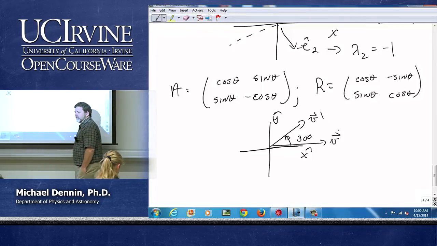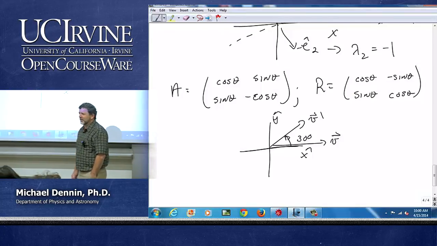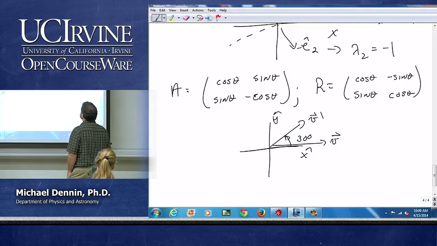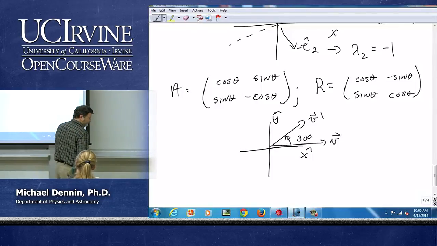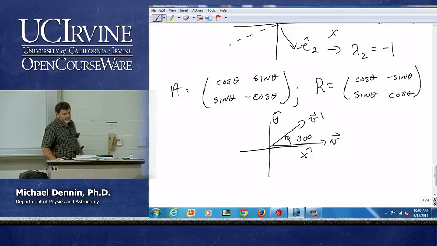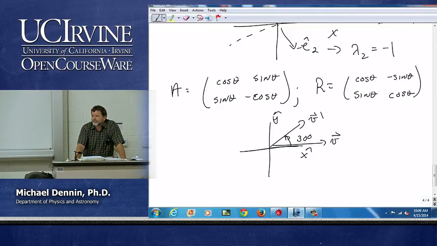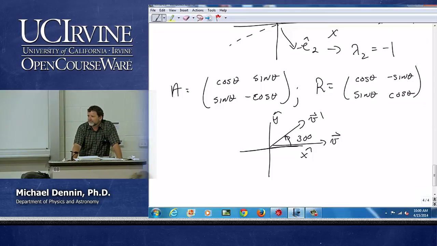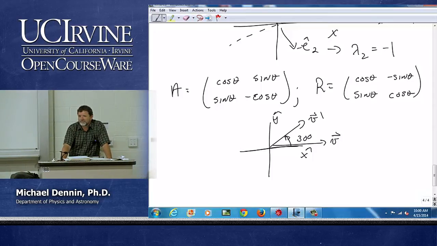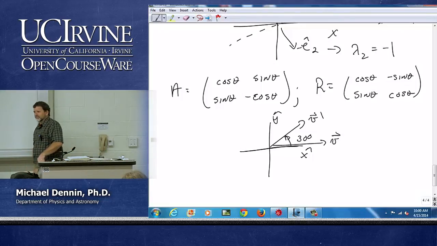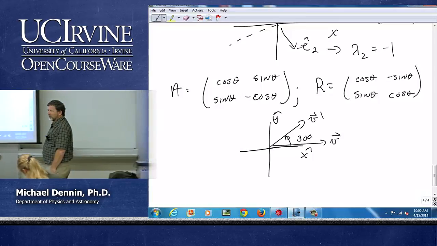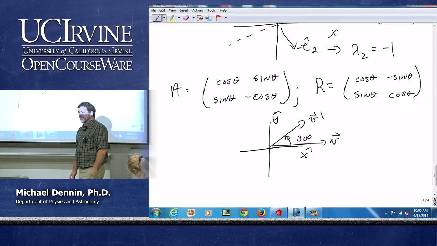What are the eigenvectors in this case? Anyone want to take a guess at an eigenvector? Has to be something on the complex.